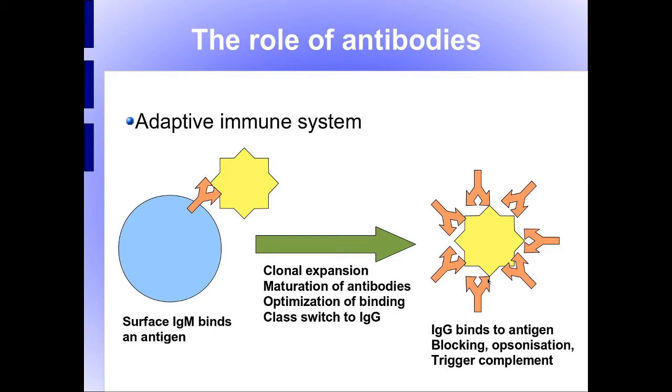It undergoes a process known as opsonization, where this coating of, for example, a bacterium with antibodies leads to things like macrophages eating up the antigen, and it can trigger the complement system, which causes a membrane attack complex to punch holes in the bacterial membrane.